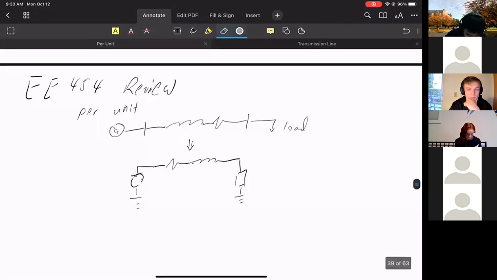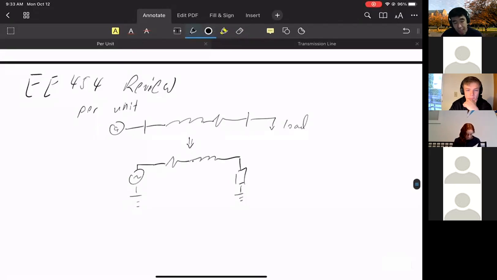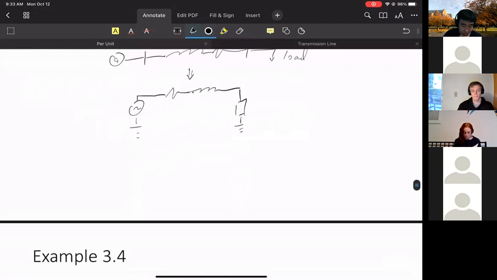That's the goal of the per unit system. Almost all calculations that any software will do, or that you will do, will be done in per unit. Most things in data sheets are given in per unit, which makes it easier for us to work with this kind of problem.